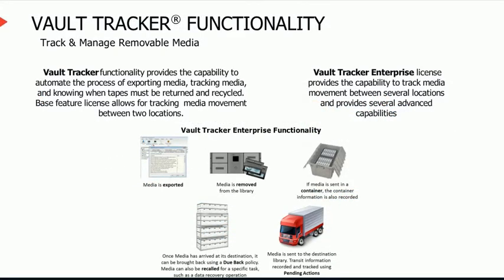VaultTracker functionality can be leveraged in scenarios when media is being moved off-site to allow organizations to track and manage that removable media in a more efficient fashion. The core VaultTracker functionality provides basic capabilities to automate the process of exporting, tracking, and knowing when media must be returned and recycled.